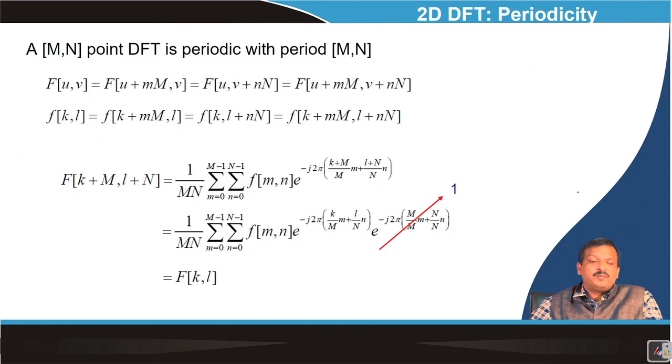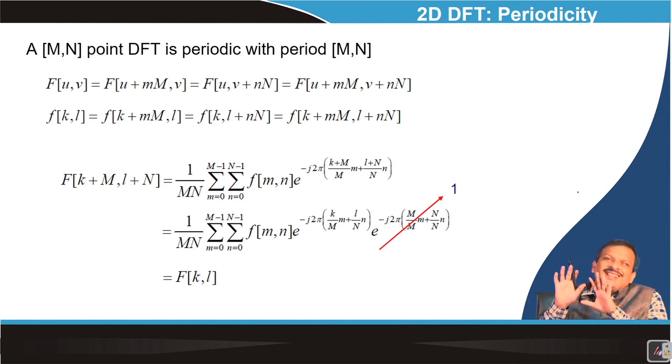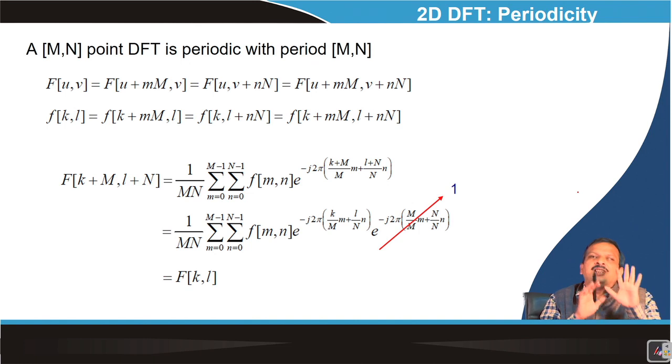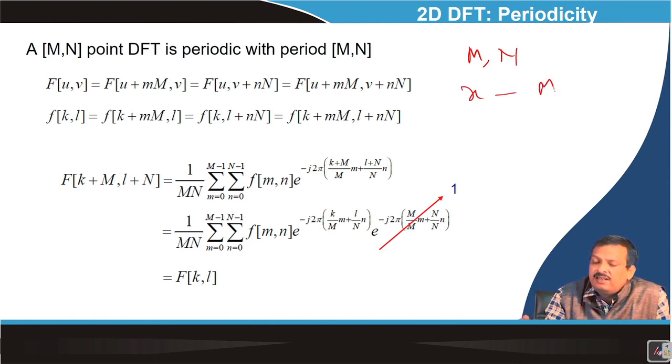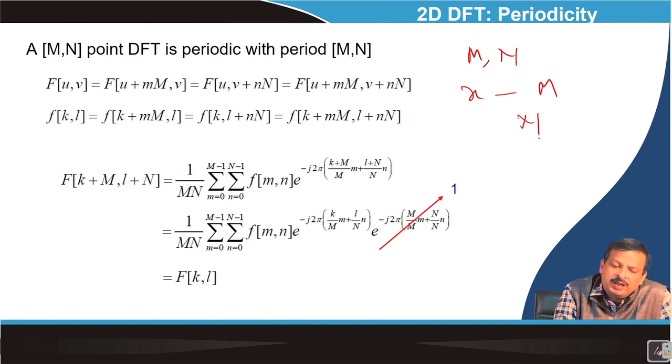Let us say the properties. Whatever properties exist in 1D DFT also hold for 2D DFT. In case of periodicity, if the DFT in the x direction is of length m and in the y direction is of length n, then in the frequency domain also the period is m and n.